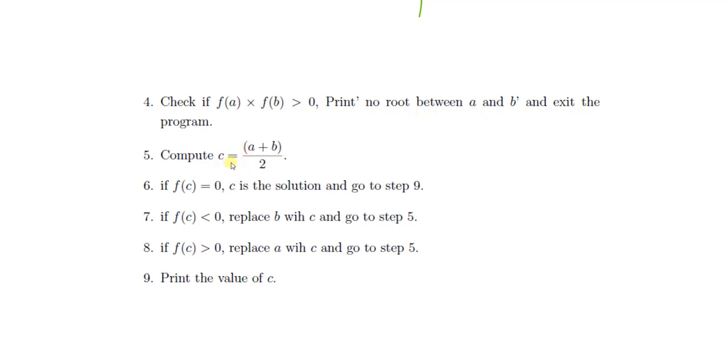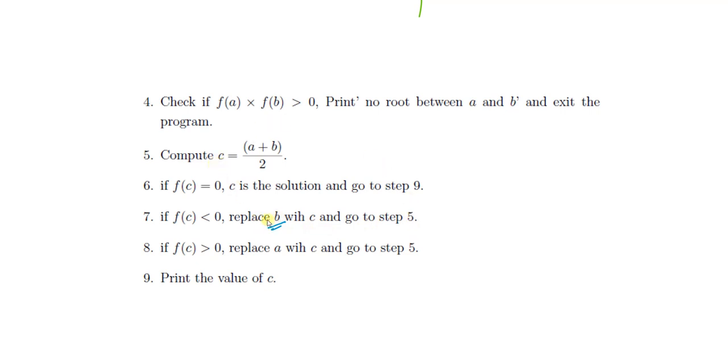Otherwise, you compute c is equal to a plus b by 2. If f of c is equal to 0, then c itself will be the solution of this equation. Then you can print the value of c. That will be the solution. If f of c is less than 0, replace b with c and go to step 5.